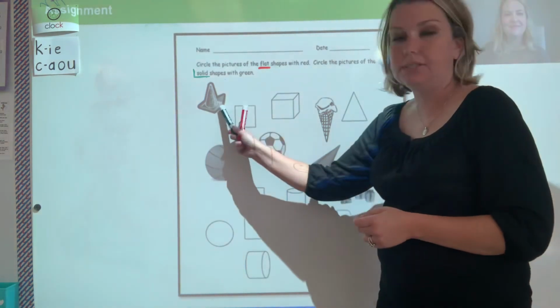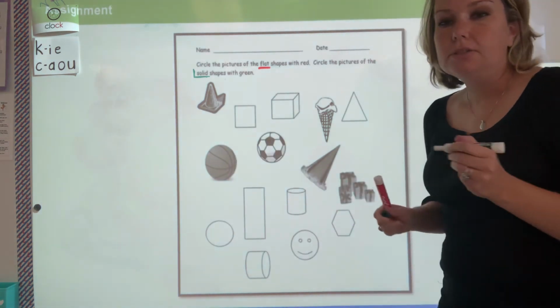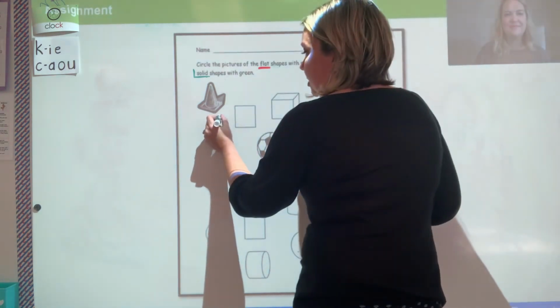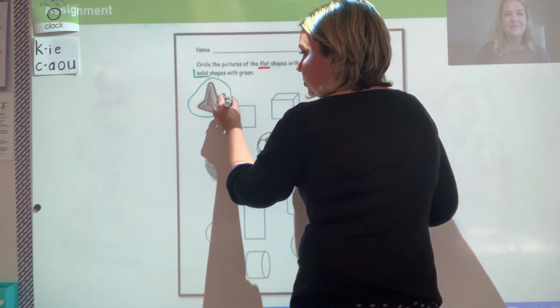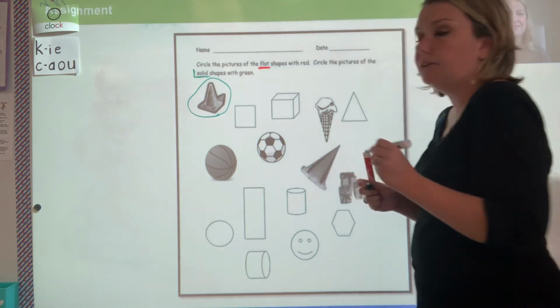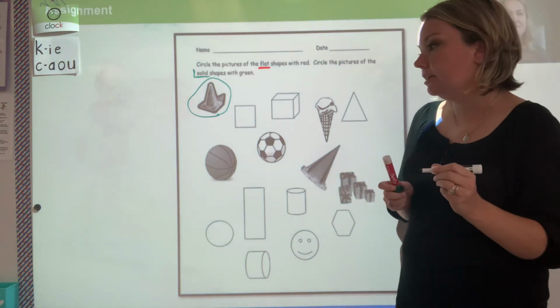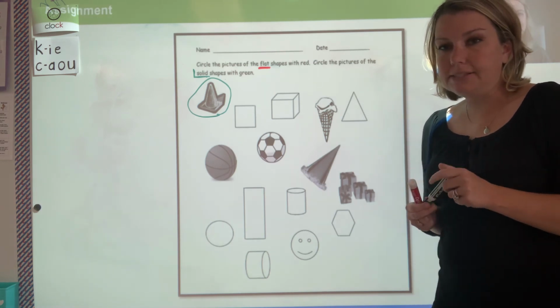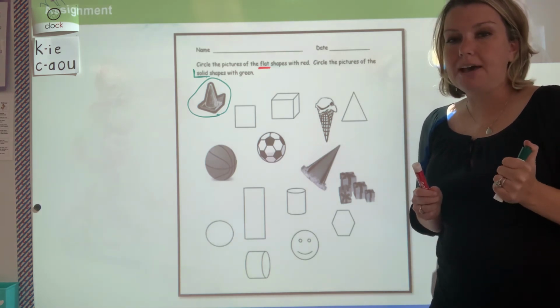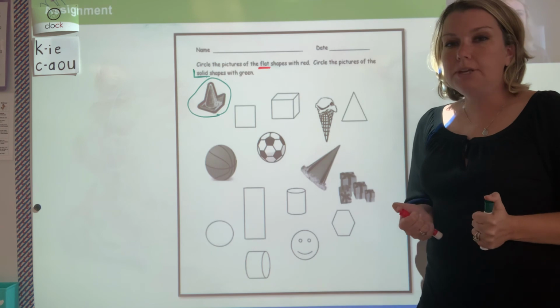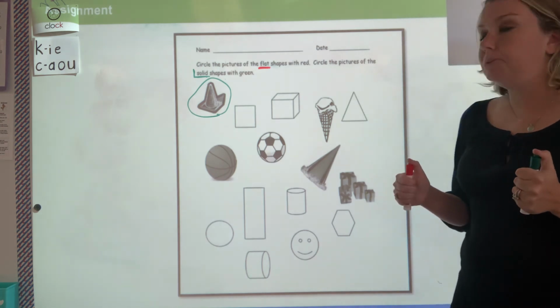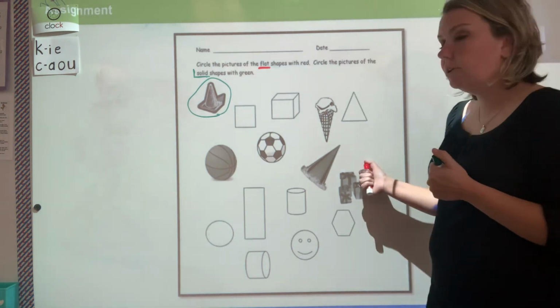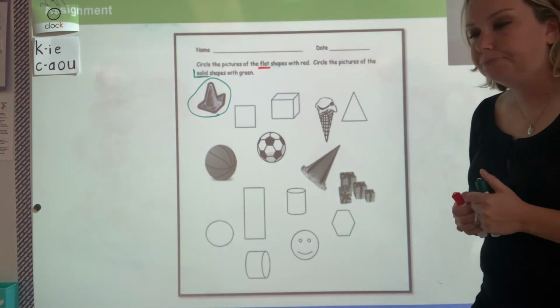Now, this already looks colored in, doesn't it? So here's what I'm going to do. I'm going to trace a circle around it in green since it's kind of shaded in already. You do the rest on your own, and I'm going to give you about 2 or 3 minutes. When you're done, give me a thumbs up so that I'll know, and we'll go over the work together.